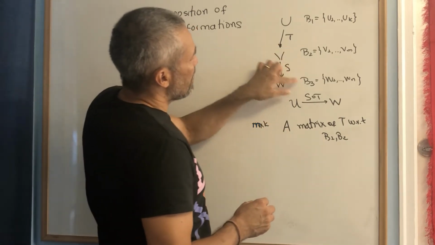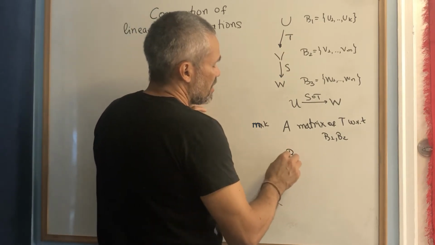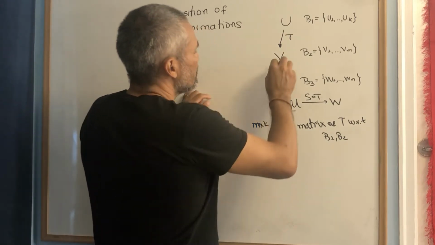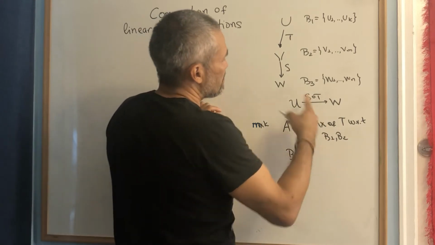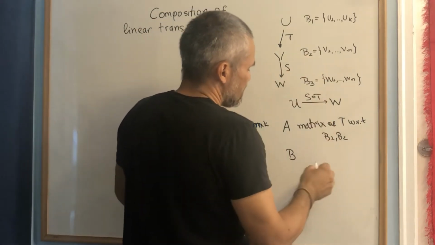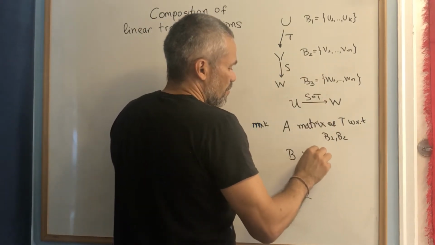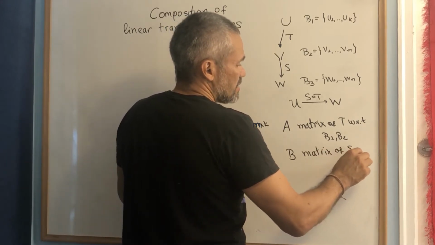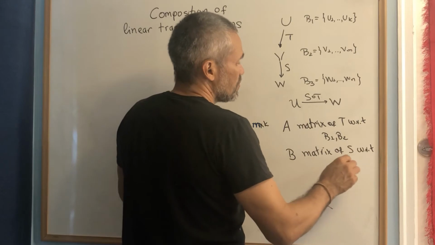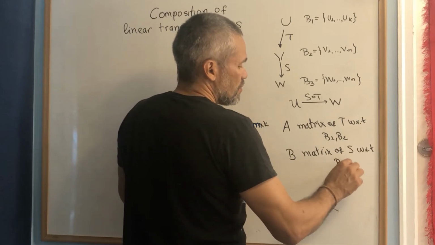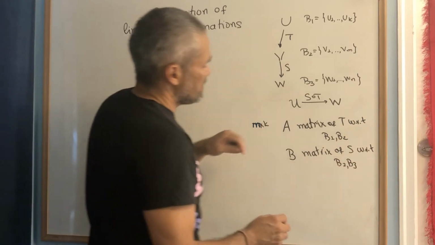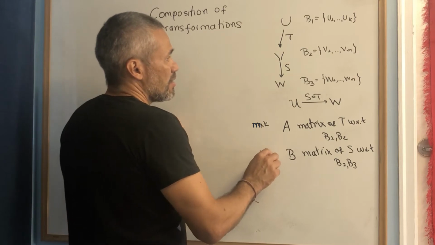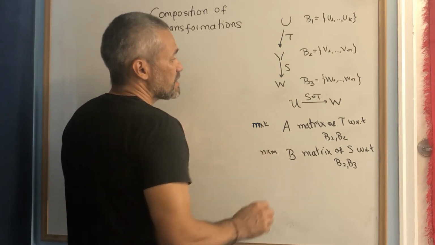And if we compute the matrix B for the transformation S, the matrix of S with respect to the bases B2 and B3, this is an n by m matrix.